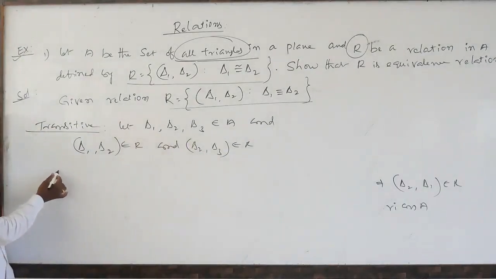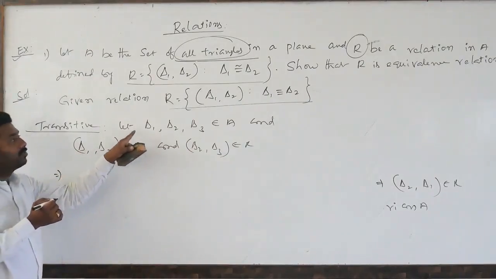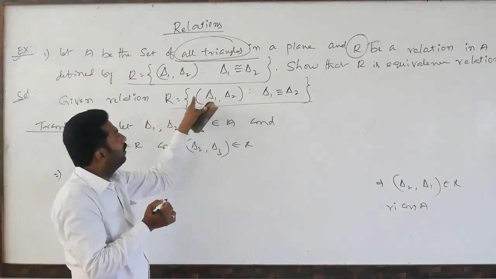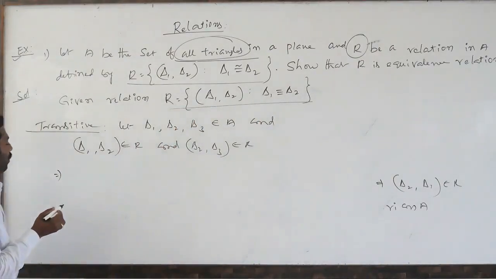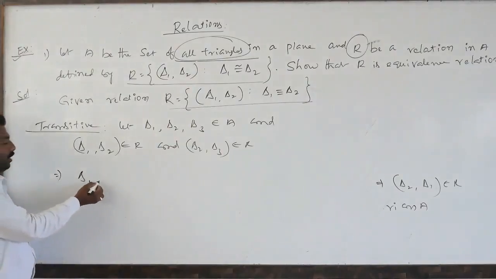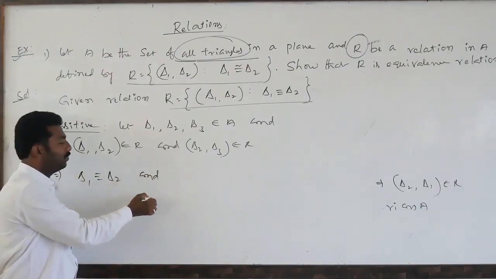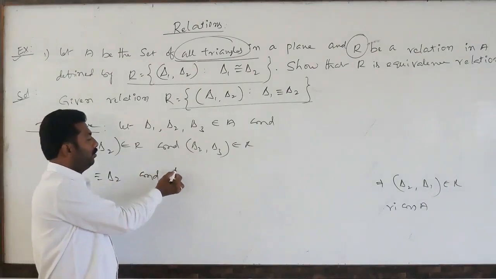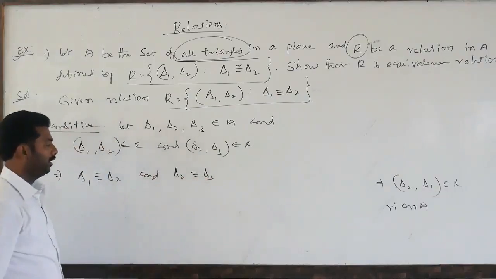See here, there is a relation between delta 1 and delta 2, which means delta 1 is congruent to delta 2, and delta 2 is congruent to delta 3.